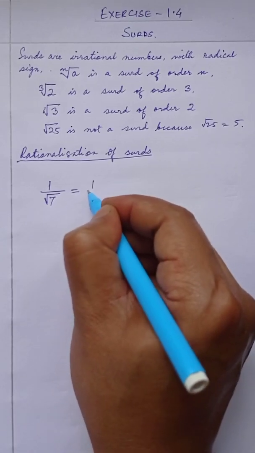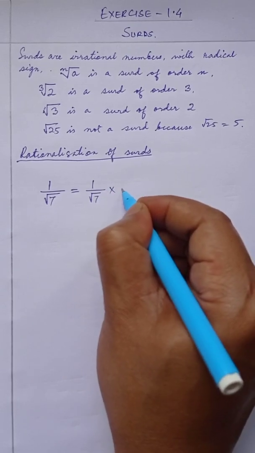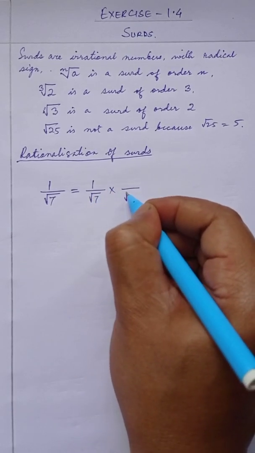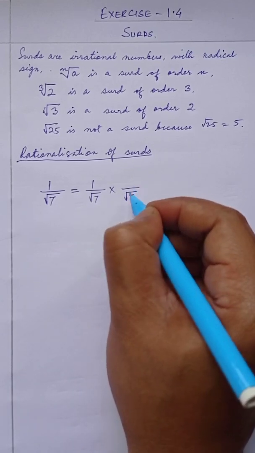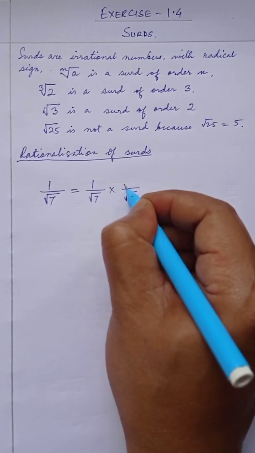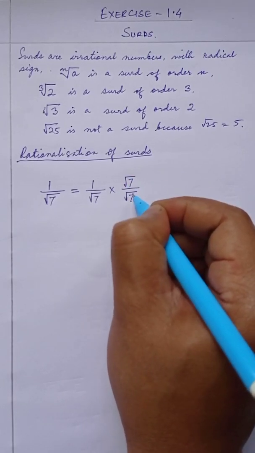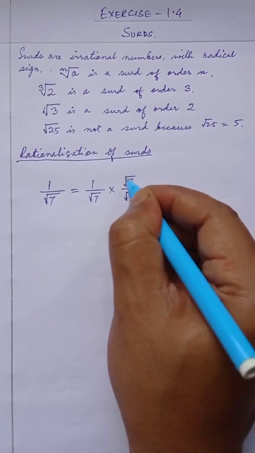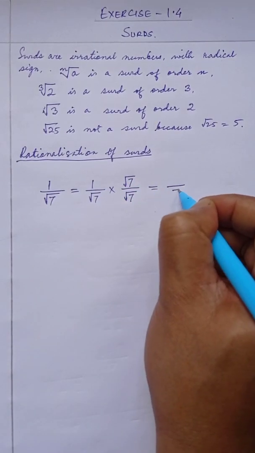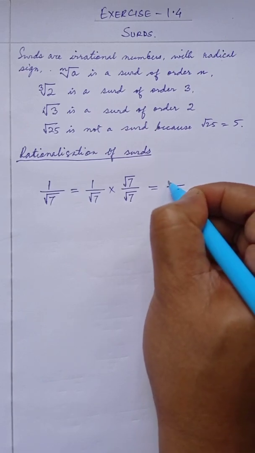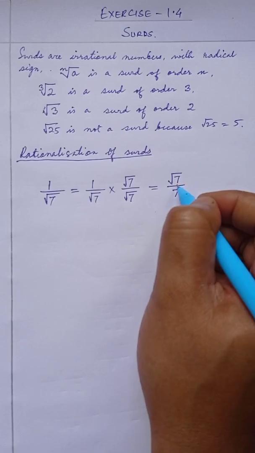So 1 by root 7, multiplied by, to remove root 7 you have to multiply it by root 7, because root 7 into root 7 is 7. So if you multiply and divide this one with the same number, root 7 into root 7 will become 7, and this will be 1 into root 7, which is root 7.